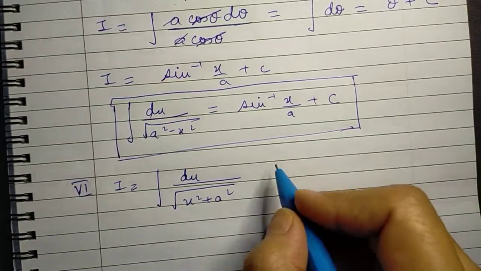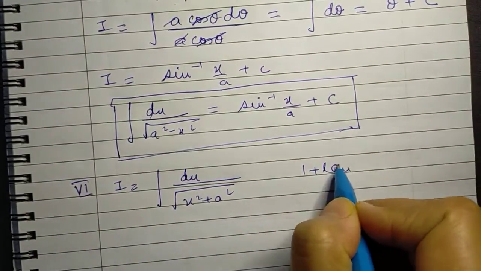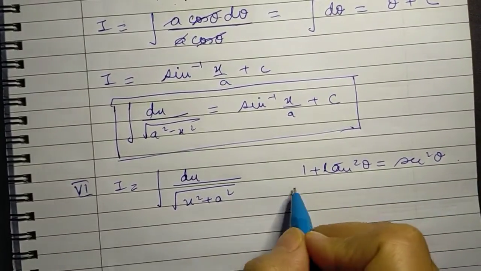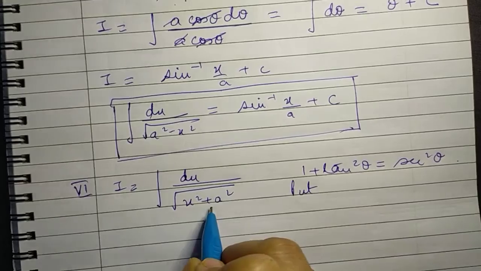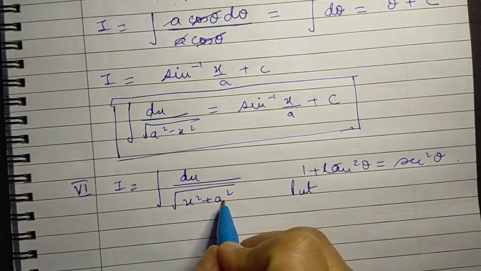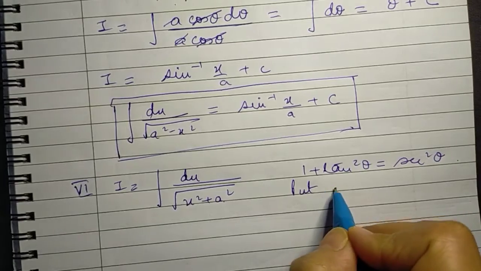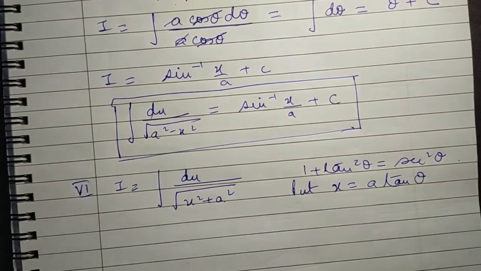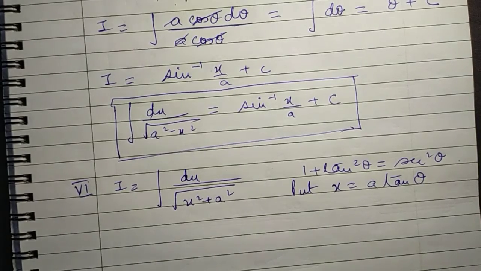Again we know that 1 plus tan square theta equals sec square theta, and so, because of the presence of a square term, we put x equal to a tan theta.